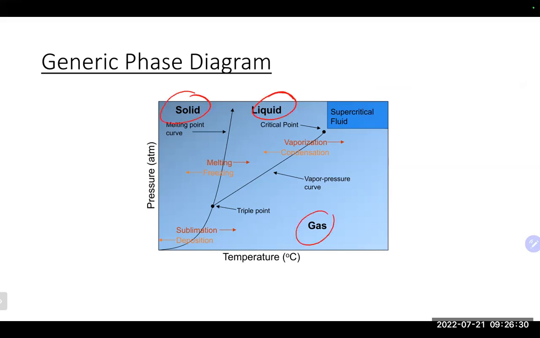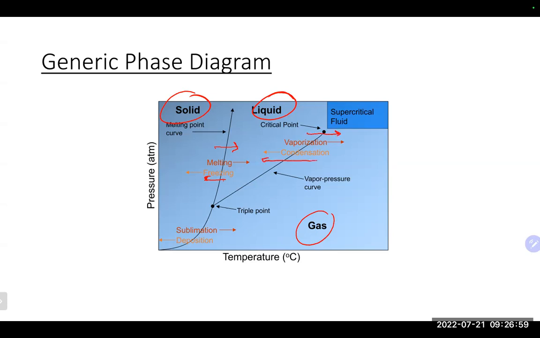liquid, and gas phases on it, with our pressure and temperature. And we have this line, which is our melting point curve, where as we cross over from solid to liquid, that is melting. And as we cross over from liquid back to solid, that is freezing. Going from liquid to our gas, as we cross over from our liquid to our gas, that's evaporation.